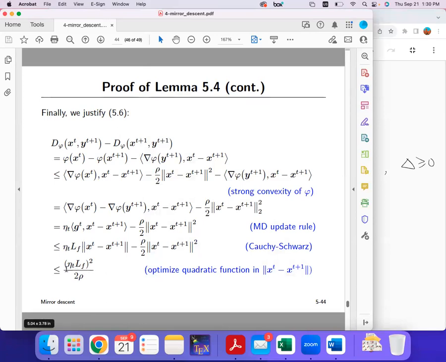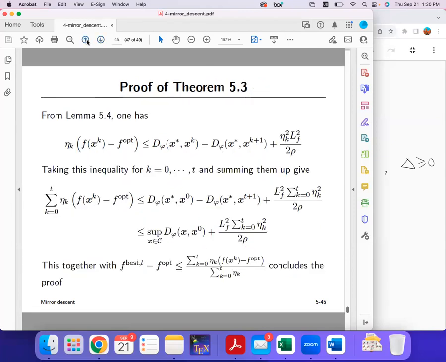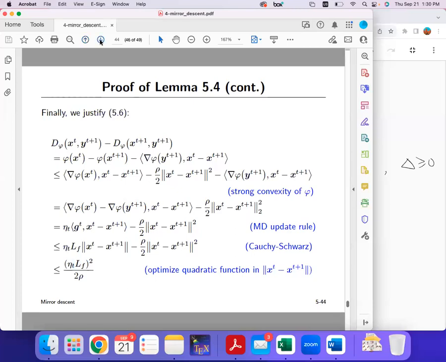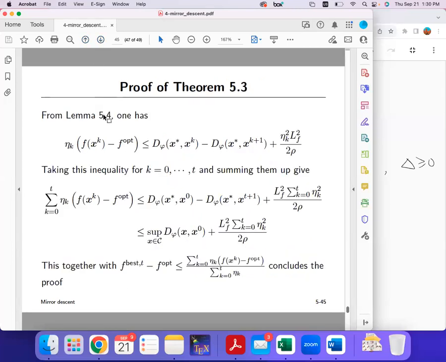It fits our intuition, because the difference term is upper bounded by the step size to the power of 2, which means if you take a very small step size, these two differences will be very small. That is intuitive, because with a very small step size, x_{t+1} will be very close to x_t, so they will look very similar. So this completes the proof of 5.4.